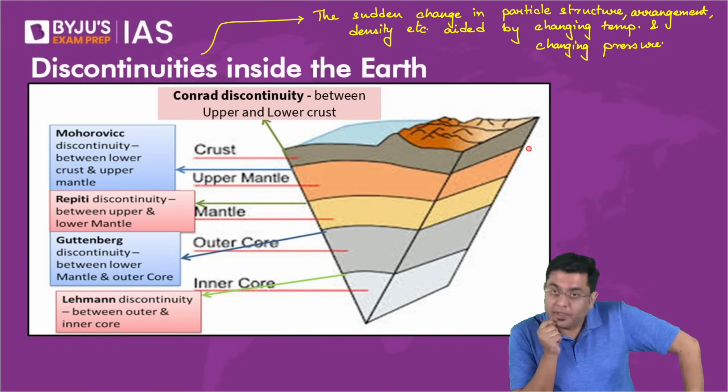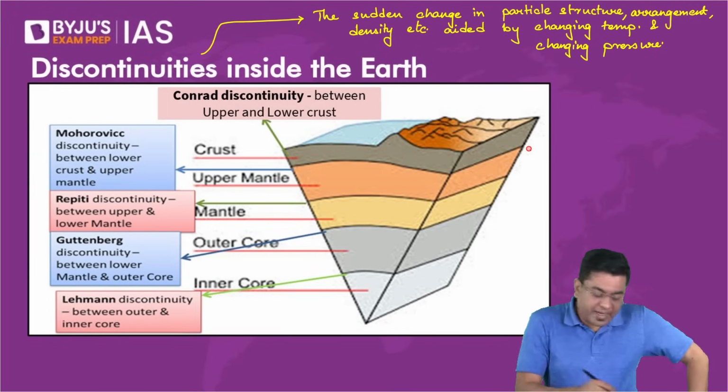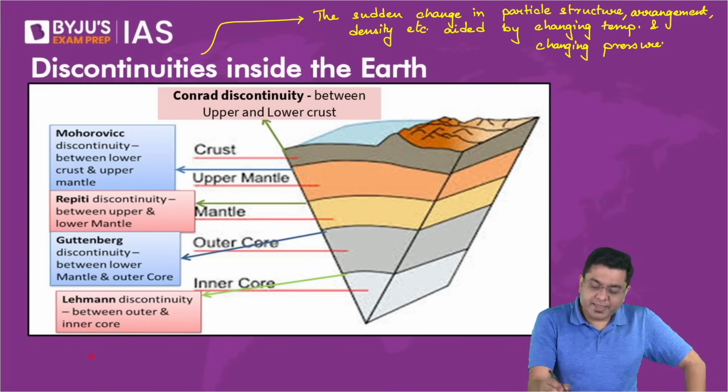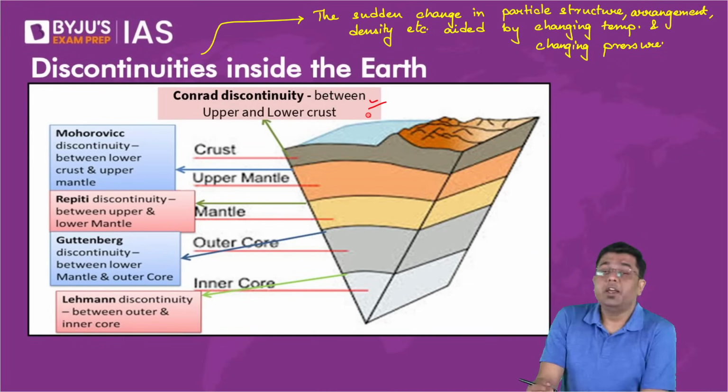So you have the Conrad discontinuity separating the upper and the lower crust.